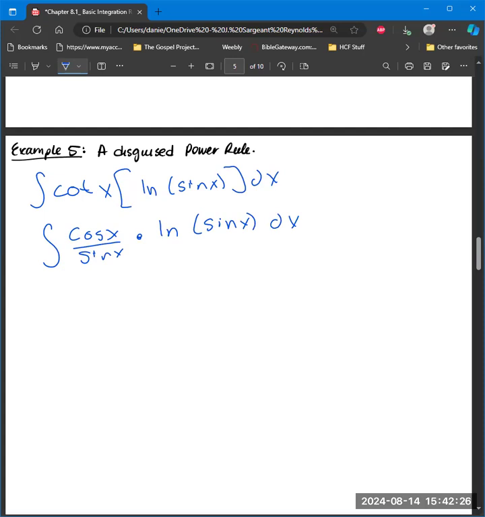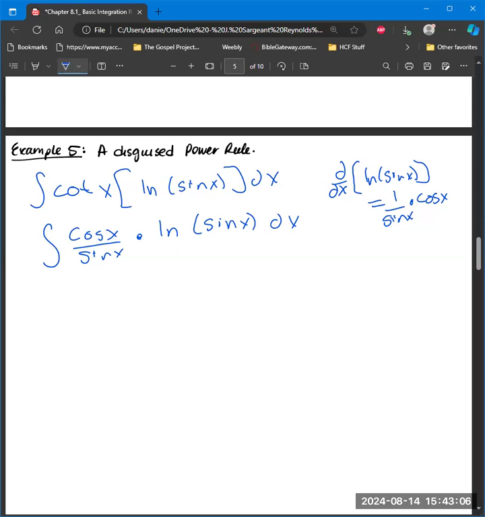So our u is, we have an ln of u that we're differentiating, so that's going to give us 1 over u times du dx. So the derivative with respect to x of ln of sine x is 1 over sine x times the derivative of the inside, cosine of x, is that other piece.